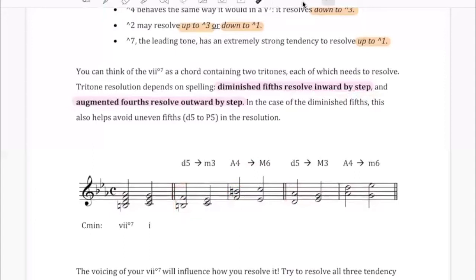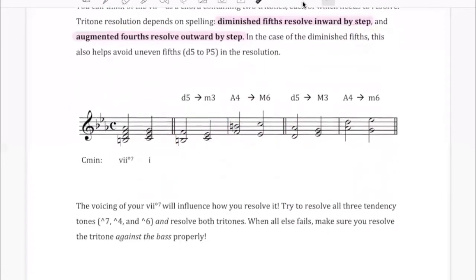So your 7/7 has two of these tritones then. So when we're looking at resolving them, there's a bit of a hierarchy of what's most important, what's slightly less important. And the most important thing is your tendency tones. So to start, you've got to make sure 7 is going to 1, 6 is going to 5, and 4 is going to 3.